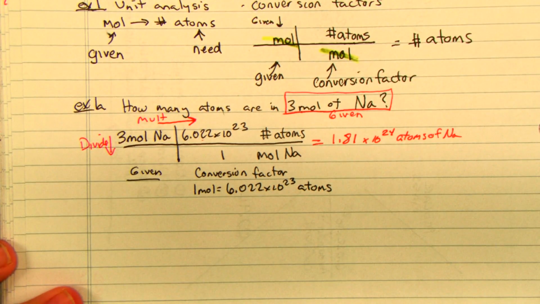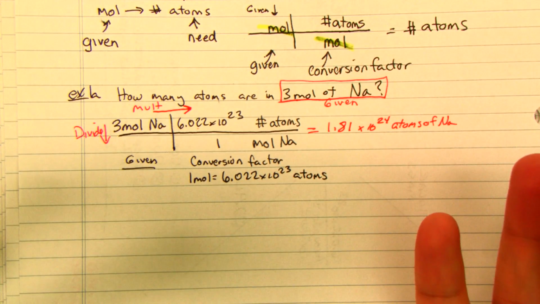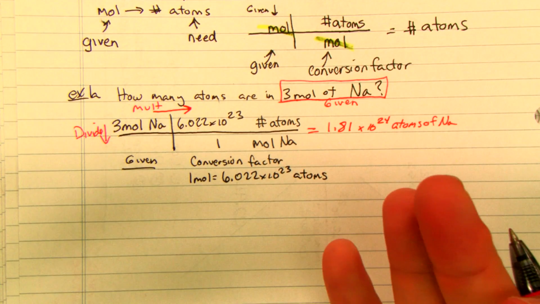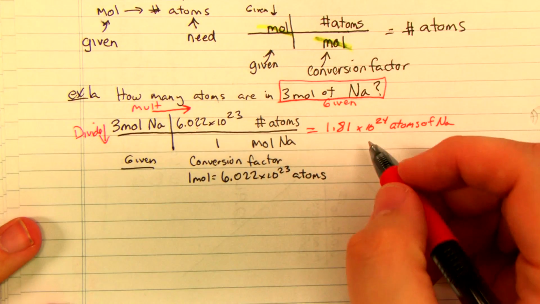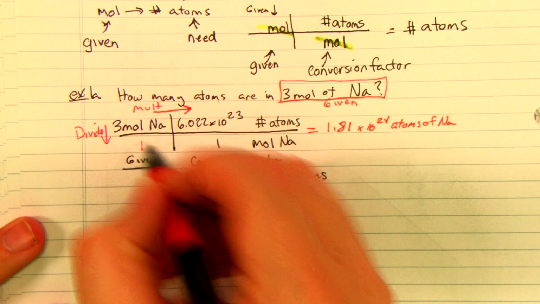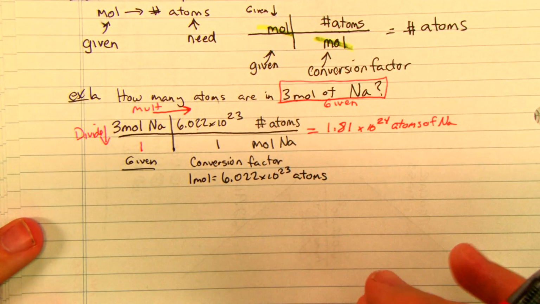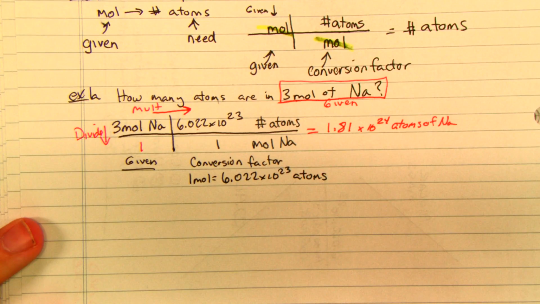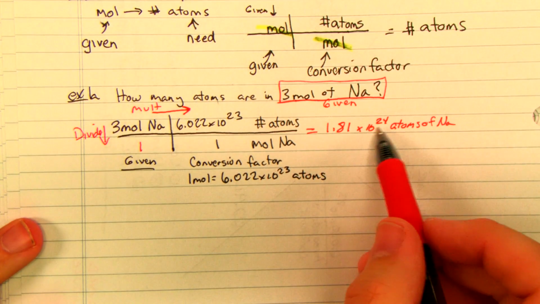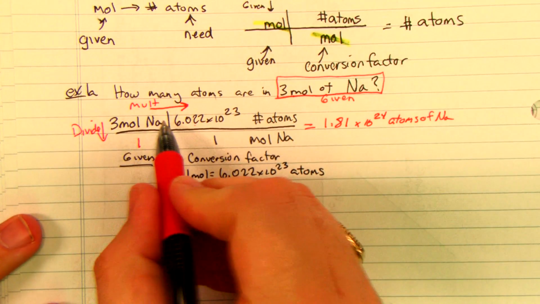Now, if you have just a plain old scientific calculator and you can't use the Inspire, that's fine. Just remember that there's a phantom 1 down there because these are all fractions. Yes, sir? 10 to the 24th power. Technically, this is what's going on here.